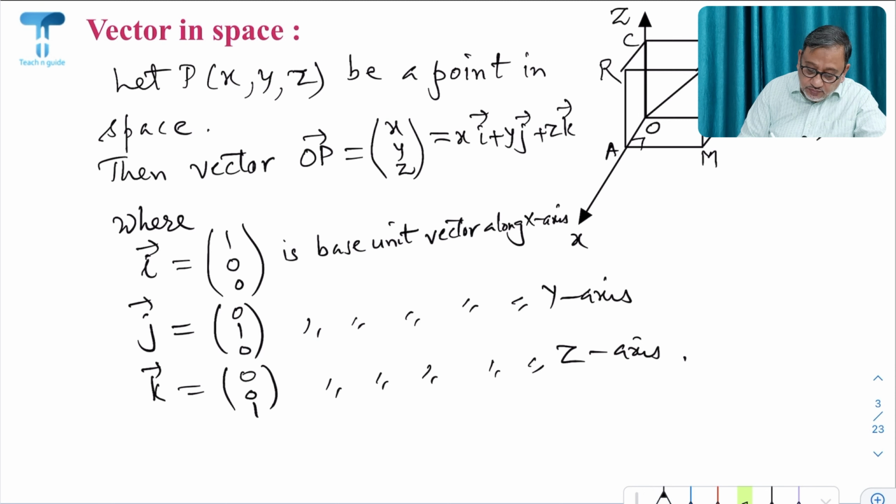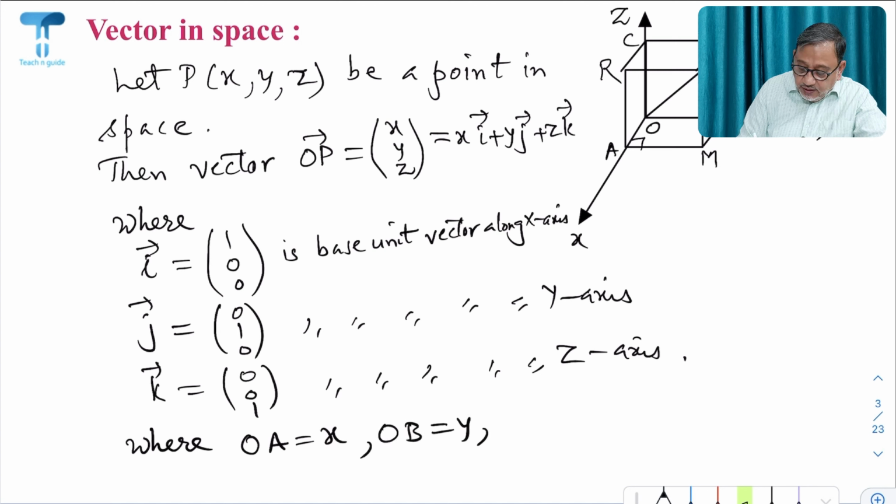Okay, so where OA, OB, OC are on the coordinate axes, OA is equal to x, OB is equal to y, and OC is equal to z, because they are on the coordinate axis.